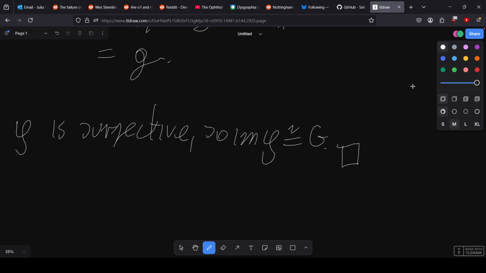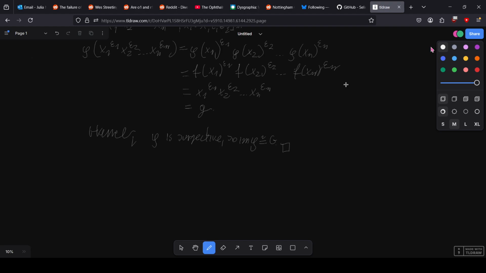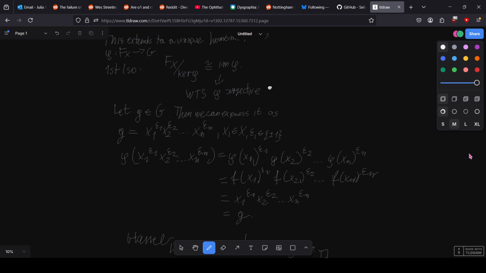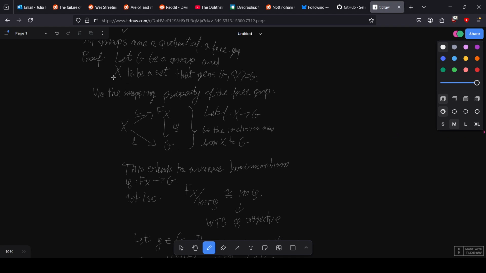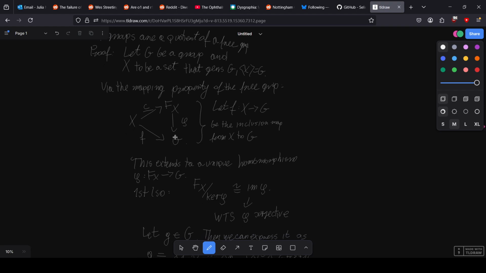One interesting thing about this proof is that if you notice a bit further up, what we're doing is that we need a set that generates G here, ideally. There are ways to do it that don't require X, where we can set G as X itself, and this will still work as intended.